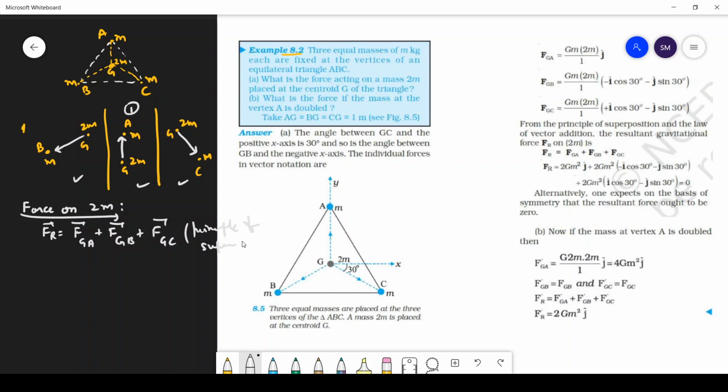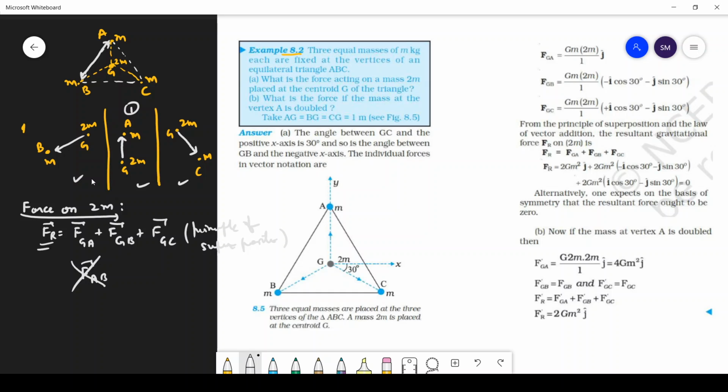So what is this principle of superposition? See, there are forces between A and B also. Like A and B are also attracted towards each other. But when I'm talking about the force on 2m, the force acting between two particles is not affected by the presence of a third particle. So if there is force acting between G and A, it is unaffected by any other particle.